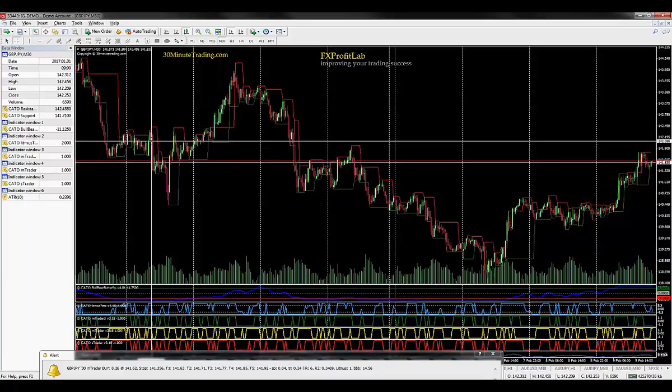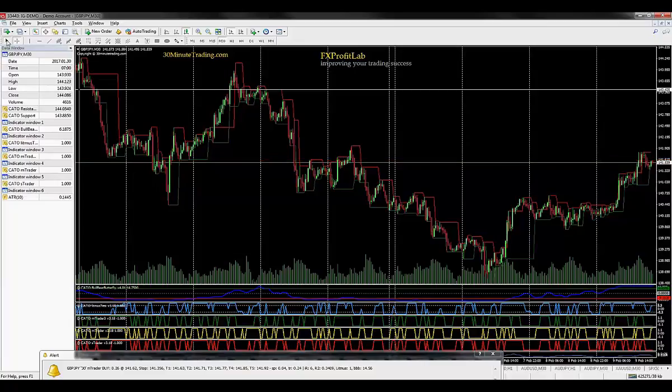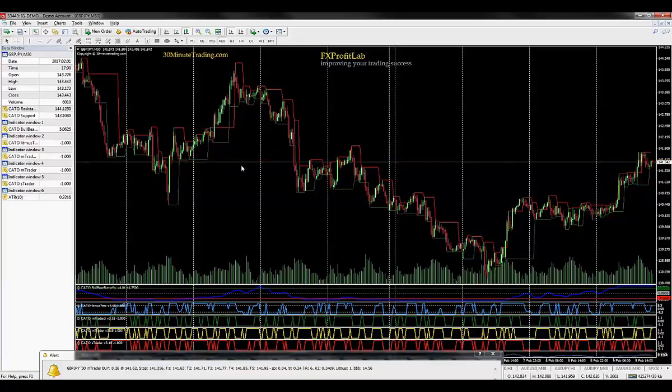But what you can do, if you're of that mind and if it suits your style, is decide that what you want to do is trade everything opposite. So go short.